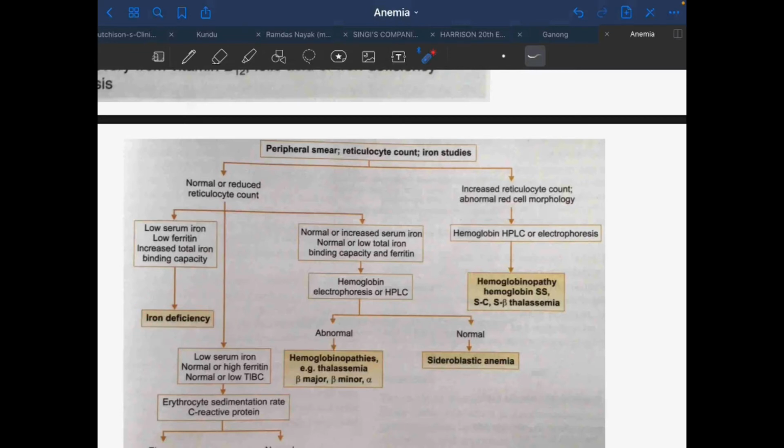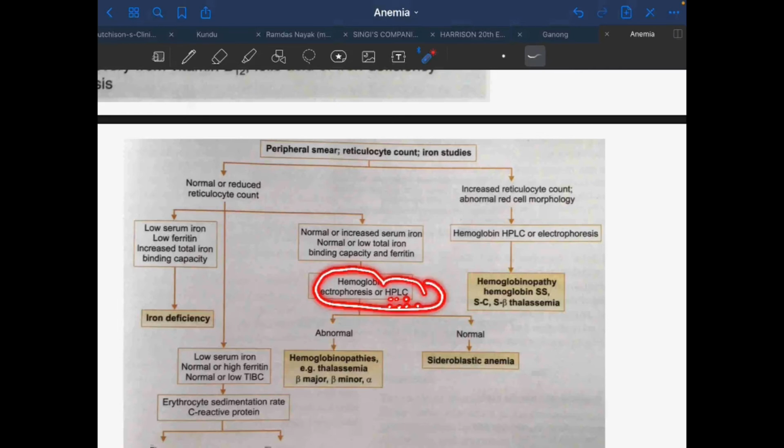Now, if there is a normal or increased serum iron level with a normal or reduced reticulocyte count, then we have to go for hemoglobin electrophoresis, or HPLC, that is high performance liquid chromatography.